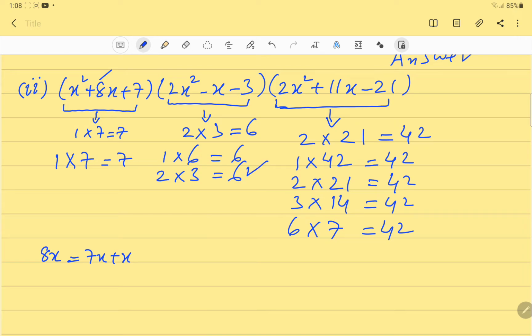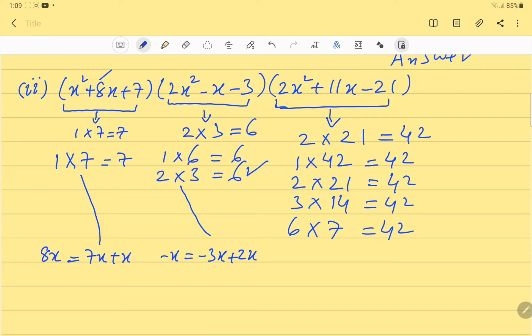Obviously the second one is the one, because when we subtract 3 from 2, we will be getting -x. So we will write -x as -3x plus 2x.